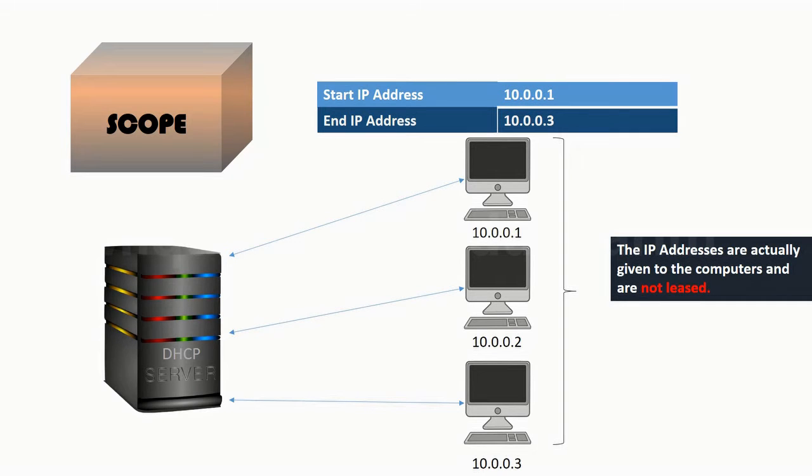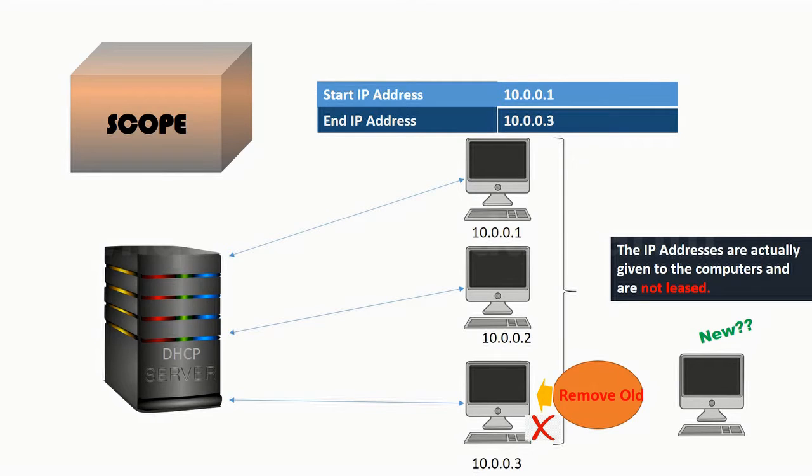If there is no lease, the IP addresses are actually given to the computers and are not leased. If we need to connect one more computer into this scope, it is difficult because before that we need to remove one old computer from the scope.